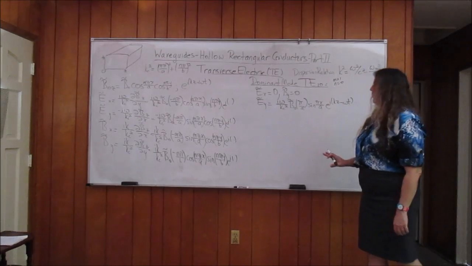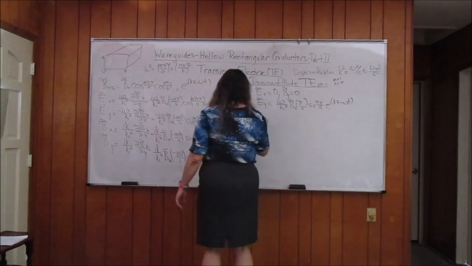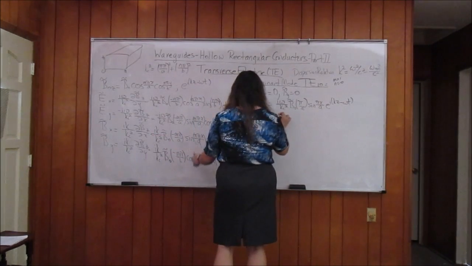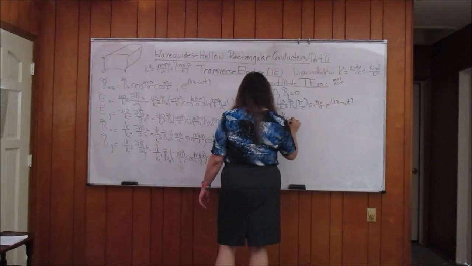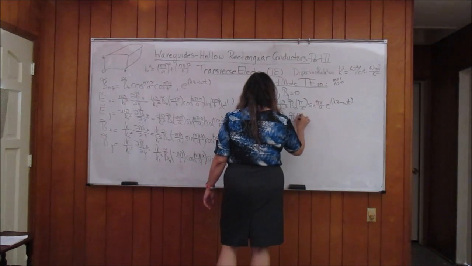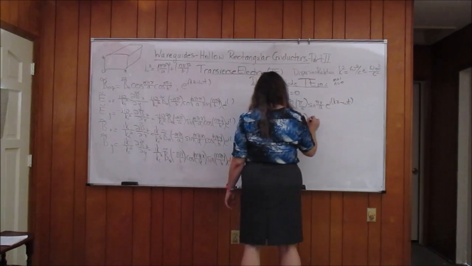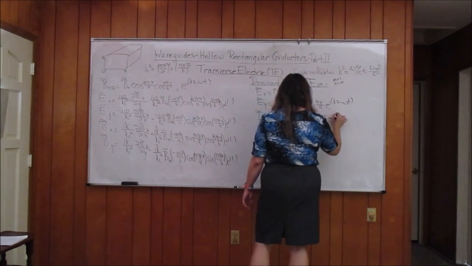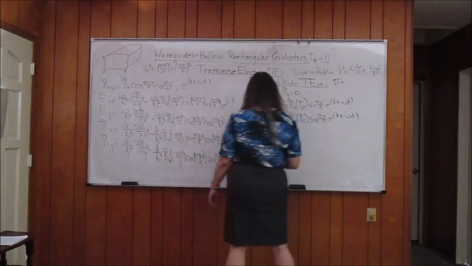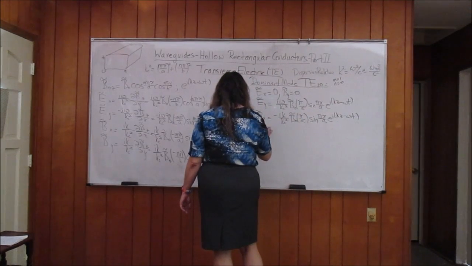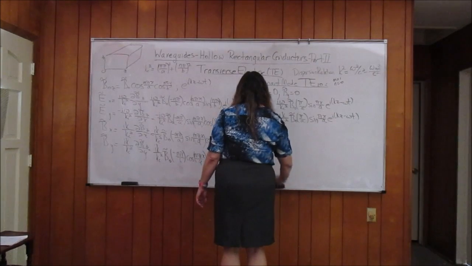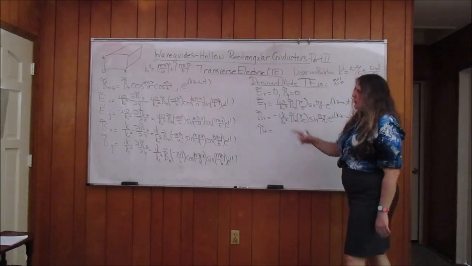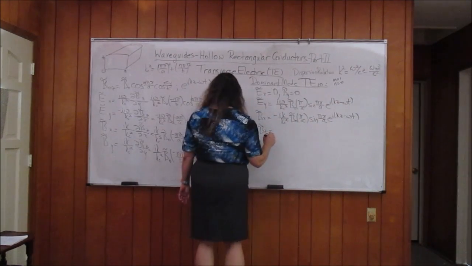So I'll write out the exponentials here. Okay, and B sub x is also going to be non-vanishing. And let me go ahead and write out the full longitudinal component of the magnetic field.